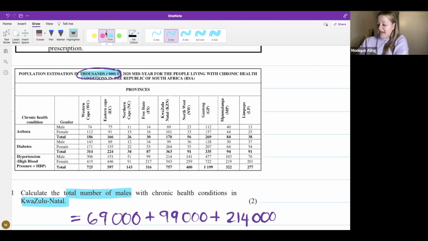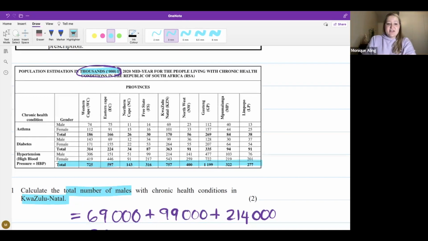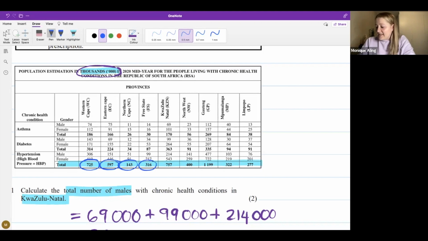Okay, so we were looking at these numbers specifically because we're looking at hypertension, but for everyone in South Africa, so we had to look at all the provinces. I've got the total for everyone with hypertension in Western Cape, Eastern Cape, Northern Cape, etc. So these are all the provinces and the totals because they asked for hypertension in the whole of South Africa. So we want to know the average number of people that have hypertension.